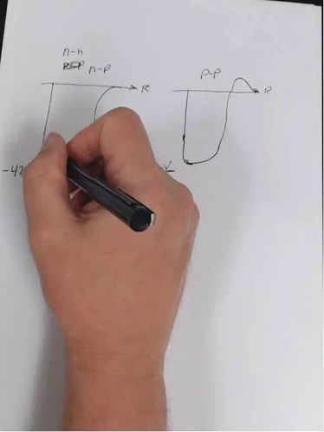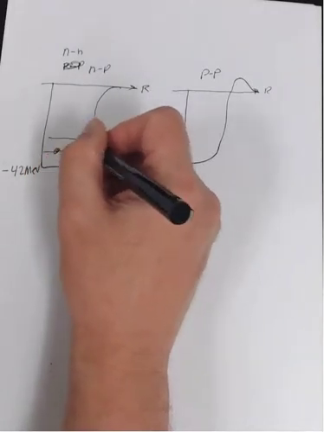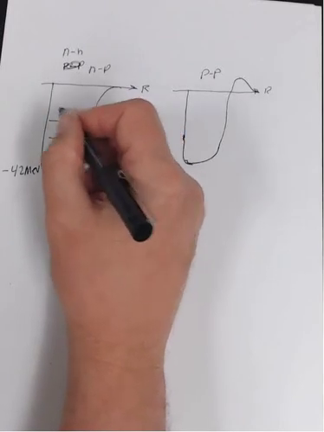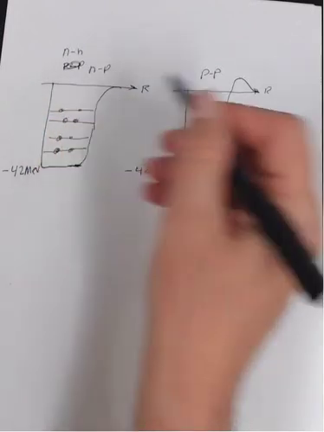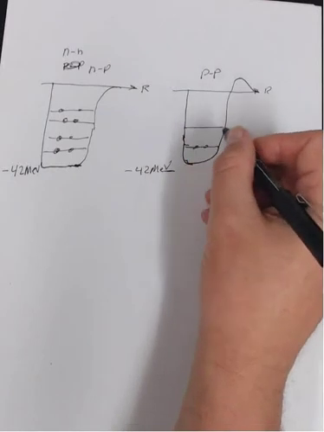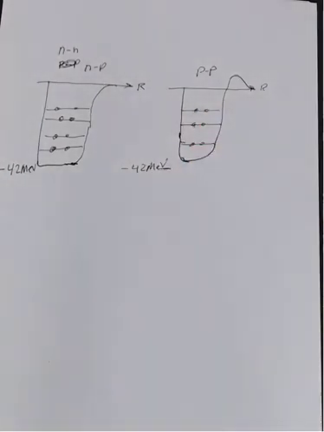Then if this is neutron-neutron, you might have neutrons at these different energy levels in here. Or here you have the protons. Okay? Now we're not going to get too into that.